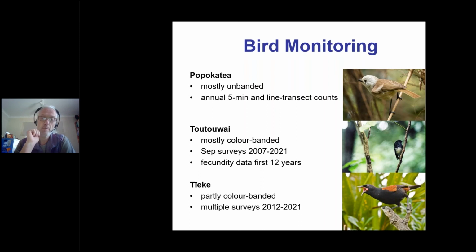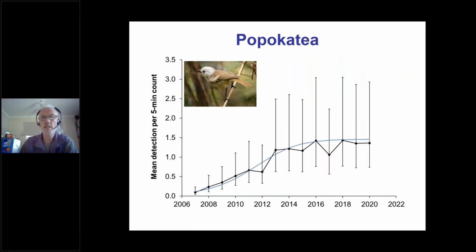Tieke is somewhere in between. The population is sort of partially color banded. Kevin's done quite a few surveys, and there's enough of them color banded to do a capture mark release sort of analysis there.